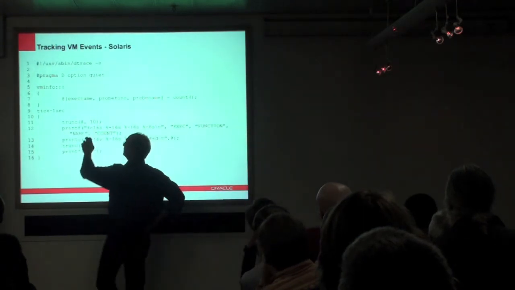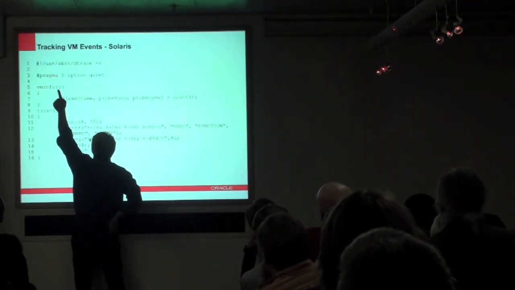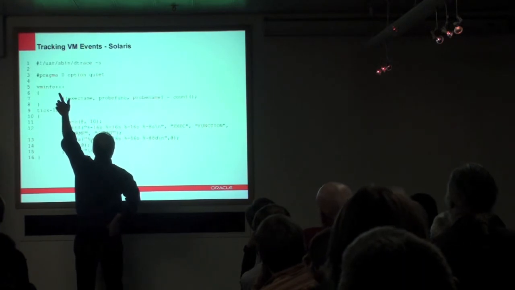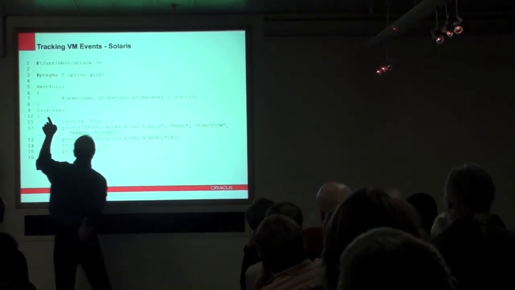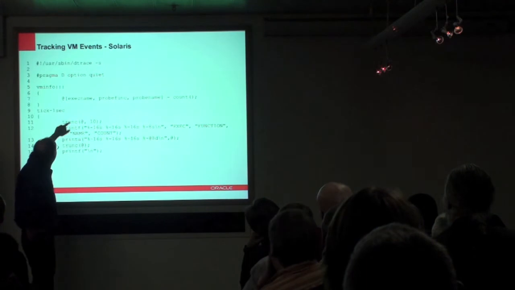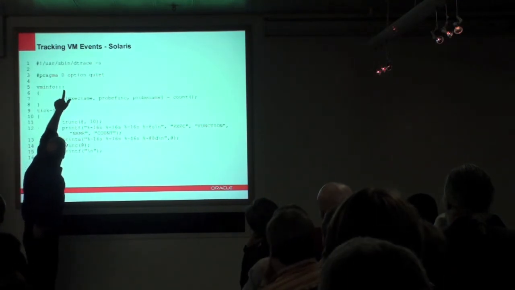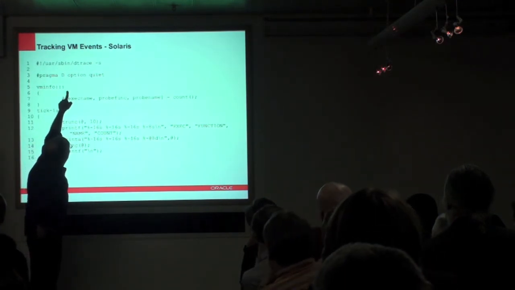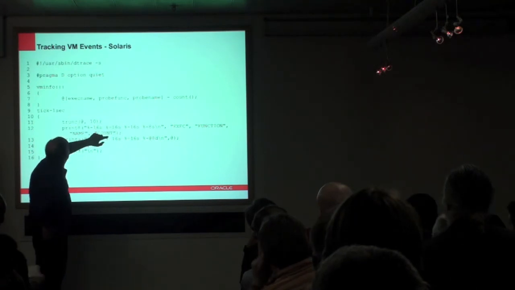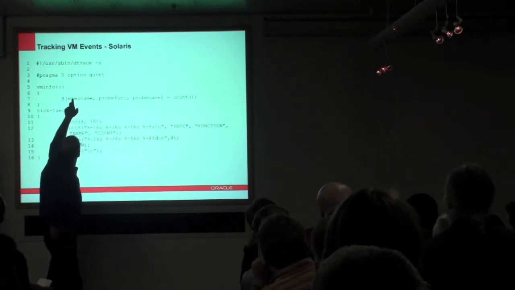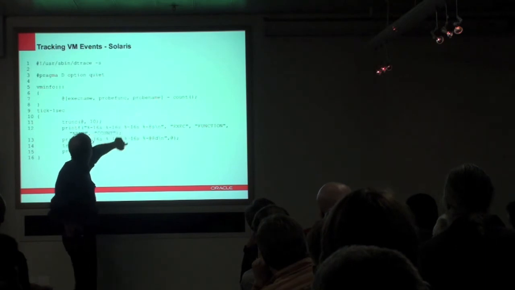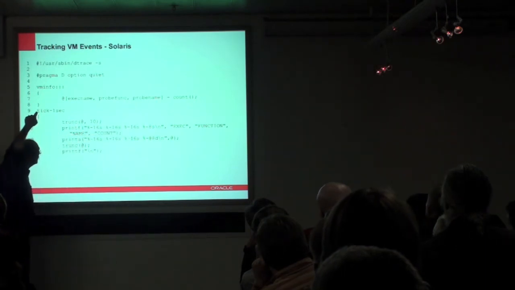And I have 2 probes in my script. Every probe that the vminfo provider manages, and then I'm using the tick provider. So basically, I'm saying every time a vminfo probe fires, and I'm lighting up all of them, then I'm going to aggregate the name of the process, the probe function name, and the probe name. And then, once a second, I'm going to print out all the information.